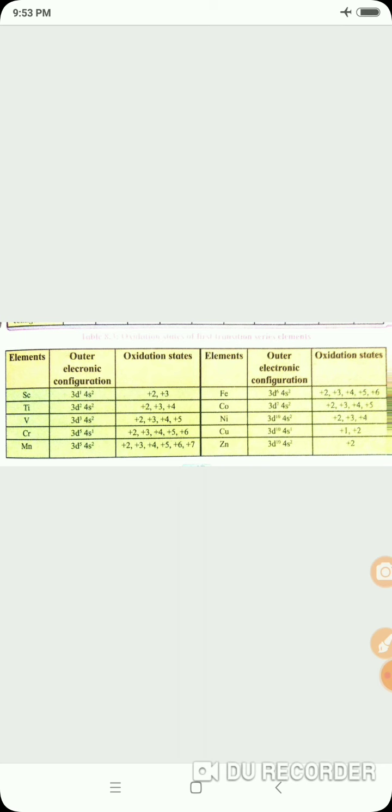Then vanadium, chromium, manganese show the maximum number of oxidation states, that is +2, +3, +4, +5, +6 and +7. Means manganese shows a total of 6 types of oxidation states. And why it shows 6 types of oxidation states, the reason we will discuss now.